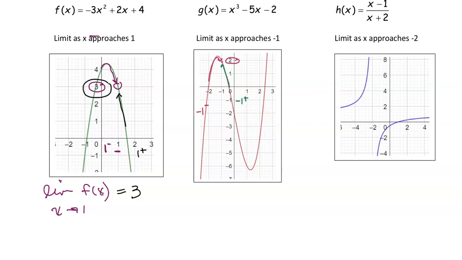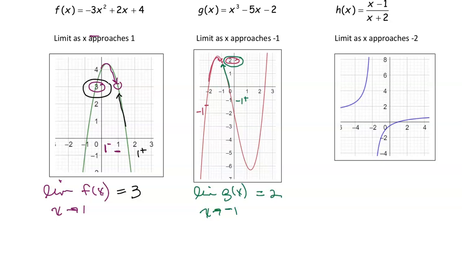I'm going up the curve. My end result is still getting closer and closer to a y value of 2. So we can say the limit of this, let me write this as a g of x, as x approaches negative 1 equals 2. So that limit exists. Okay, what about the last one here?